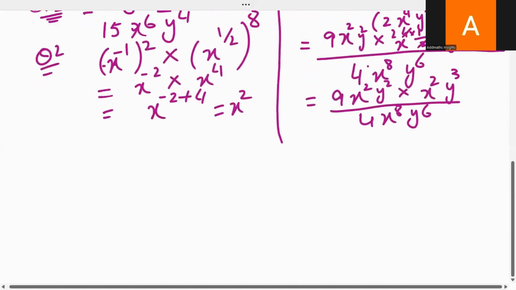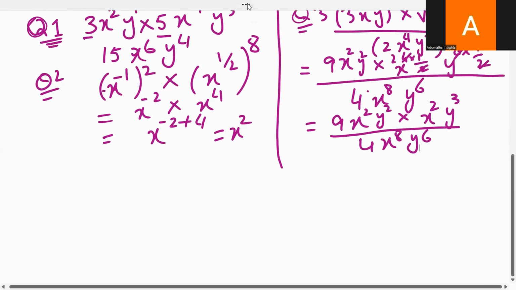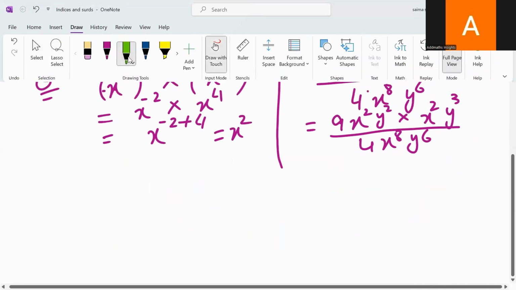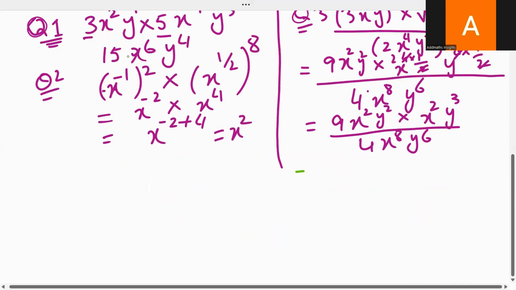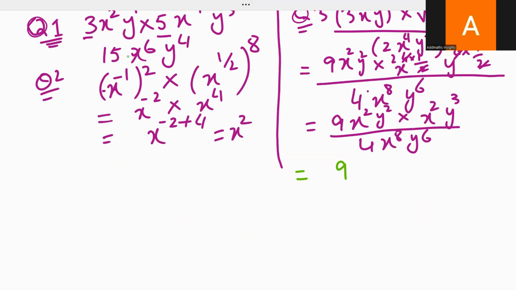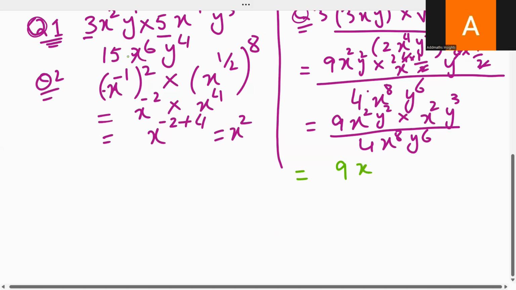Now you can further simplify it. So you can write here 9x squared and y squared. The first law of indices states that if bases are the same, then we add their powers. So 2 plus 2 is 4. 2 plus 3 is 5.